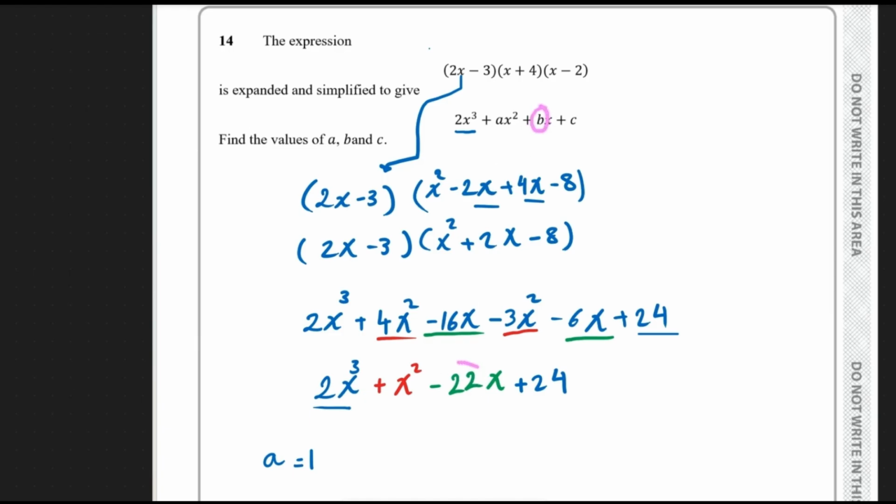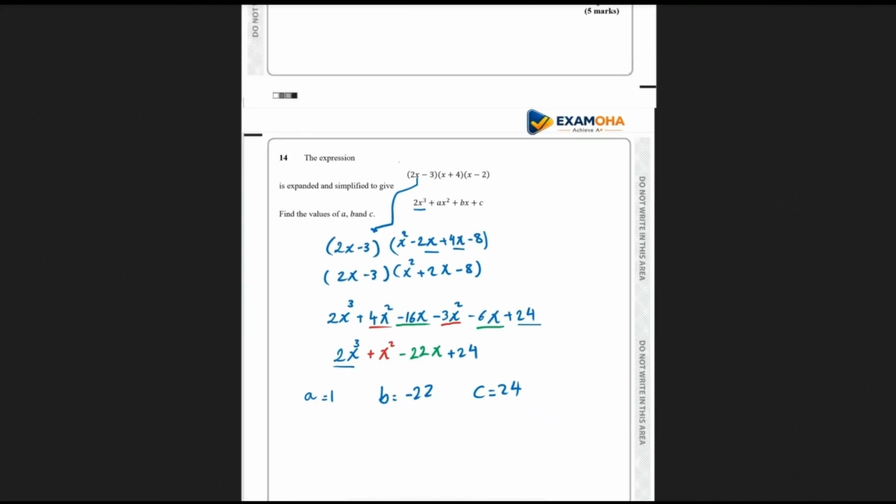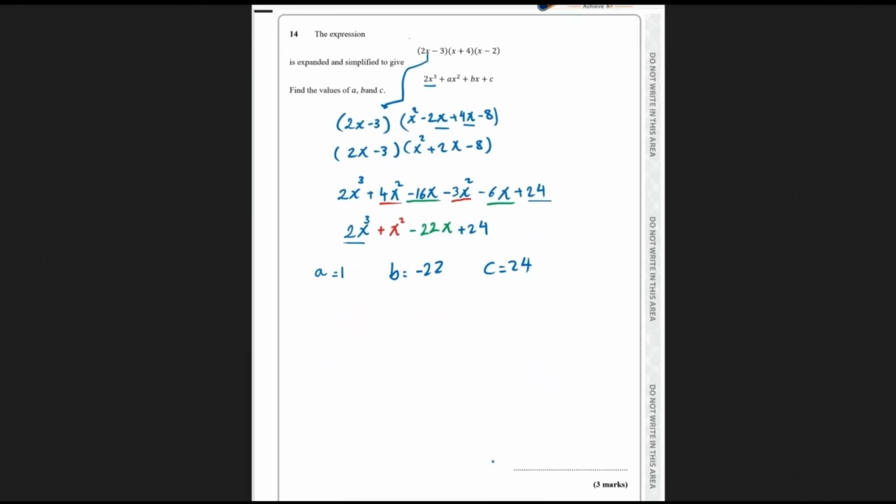So what's the number in front of x here? It's minus 22, not 22. If you write 22, that means you lose a mark. So b here, the number in front of x, is minus 22. So b equals minus 22. And then c is the number term. So c equals 24. So we have to write this as a final answer. a equals 1 and b equals minus 22 and c equals 24.